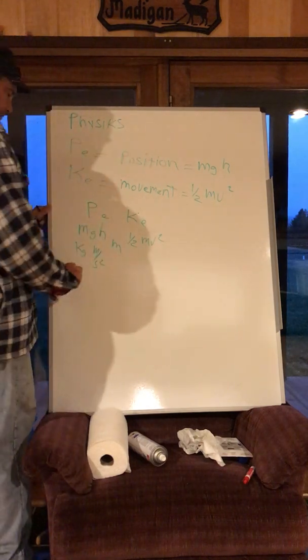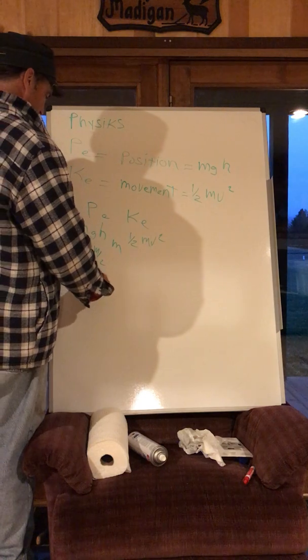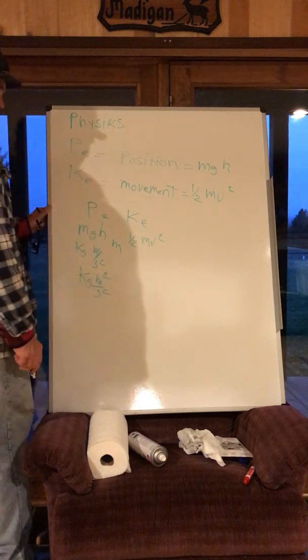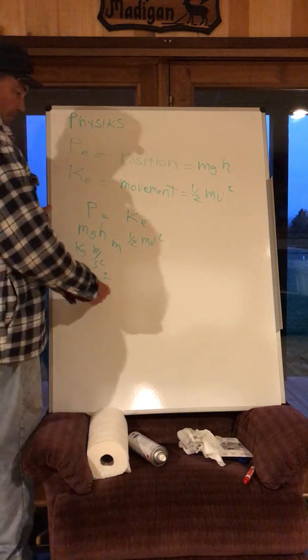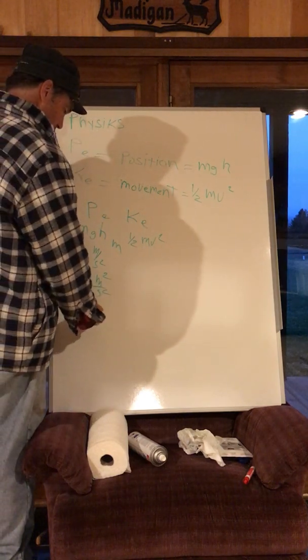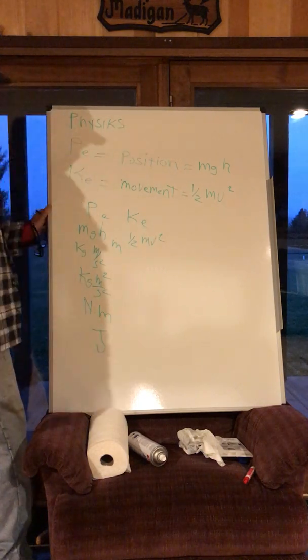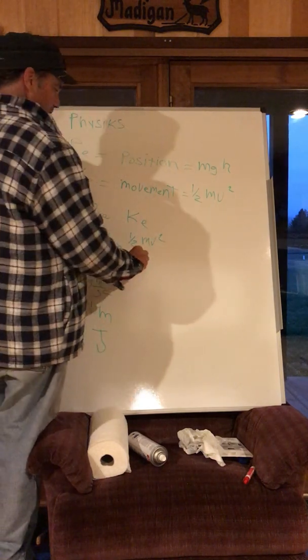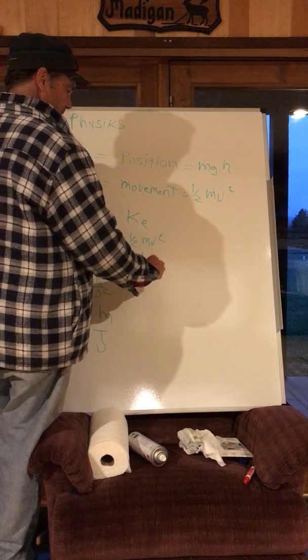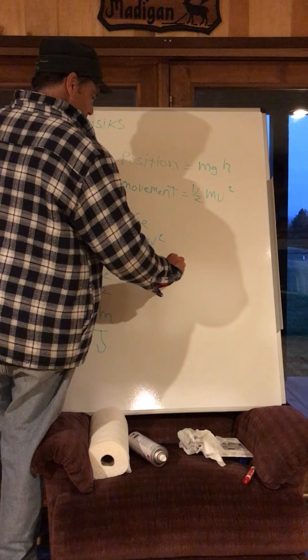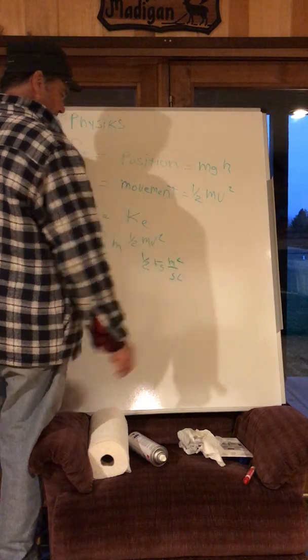So you end up with a kilogram meter squared per second squared, which is really a Newton meter, which is a joule. James Prescott Joule. Same thing here, 1/2 m kilogram velocity squared, meters squared over seconds squared.